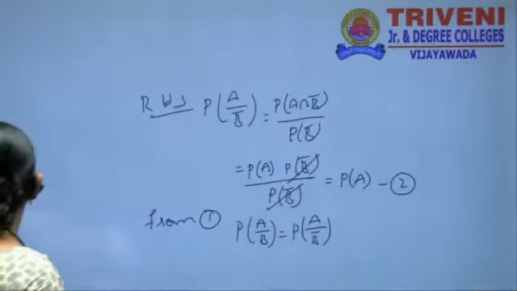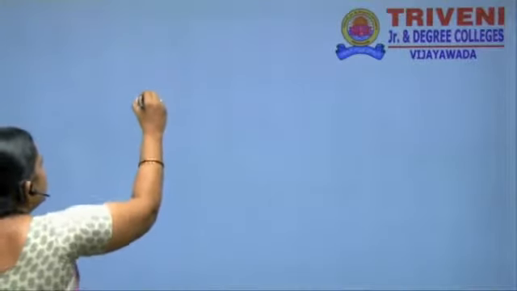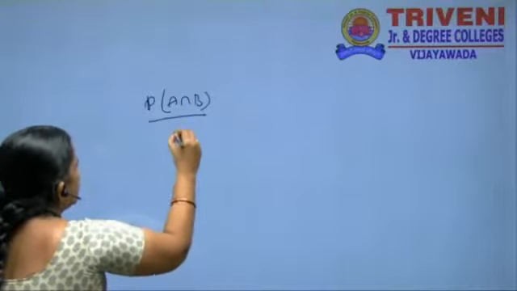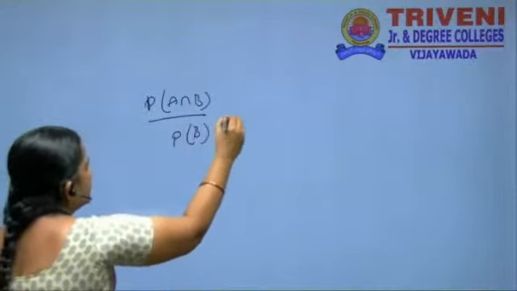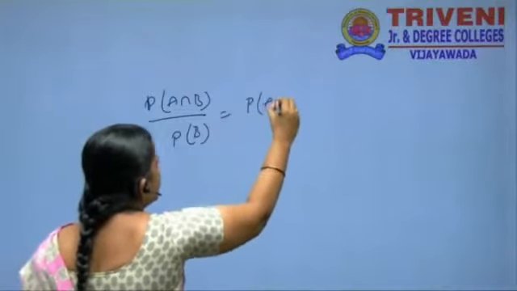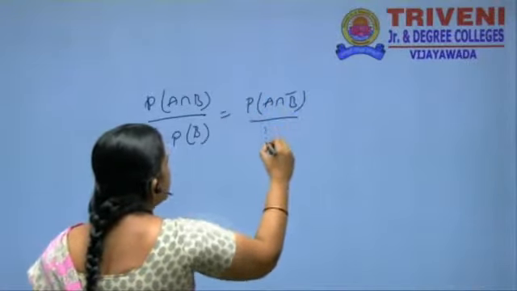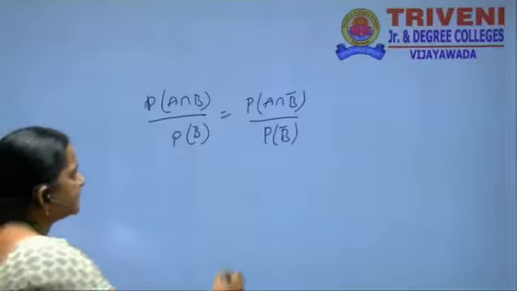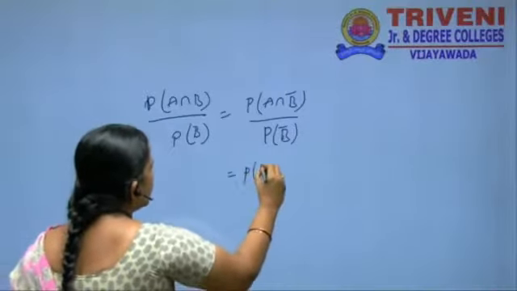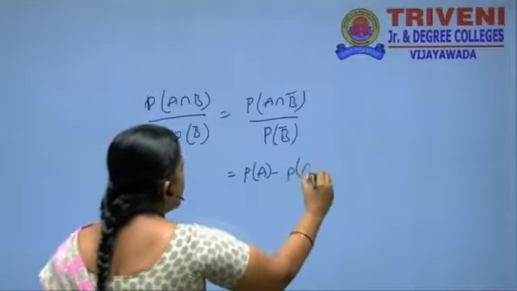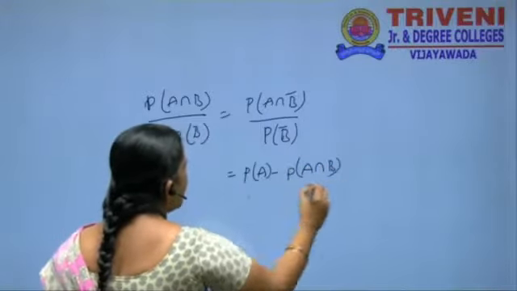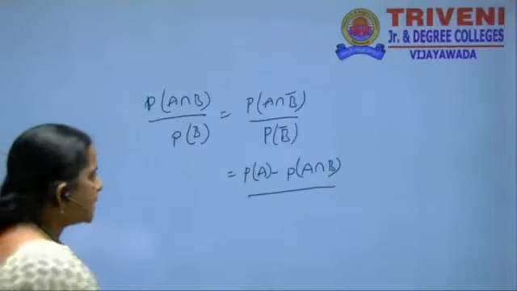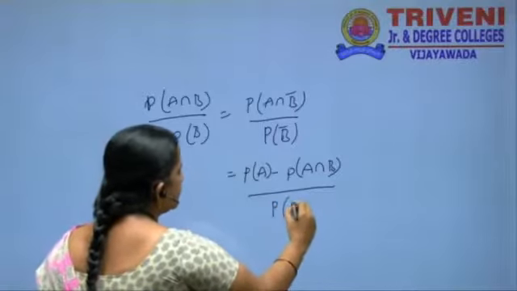Now we take these values: P of A by B can be written as P of A intersection B by P of B, and P of A by B complement can be written as P of A intersection B bar by P of B bar. P of A intersection B bar is nothing but P of A minus P of A intersection B. This is the formula.